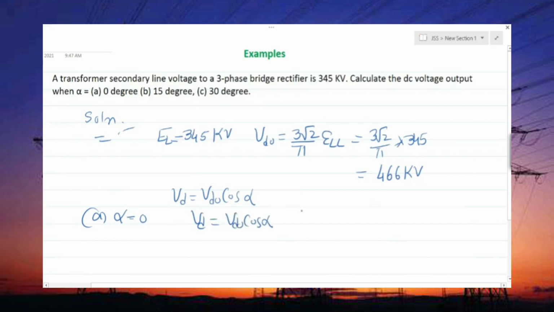The value of VDO is 466 multiplied by cos 0. What is the value of cos 0? It is 1. So your DC voltage at 0 degree delay is VD equal to 466 kV.